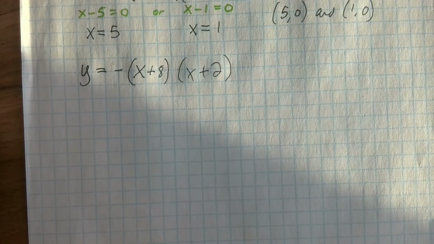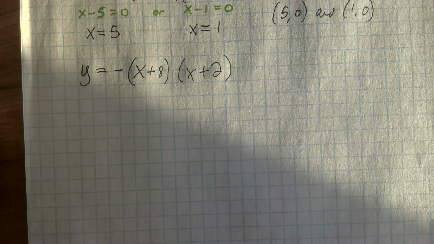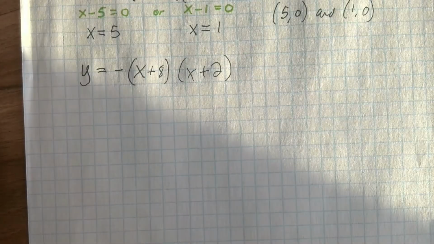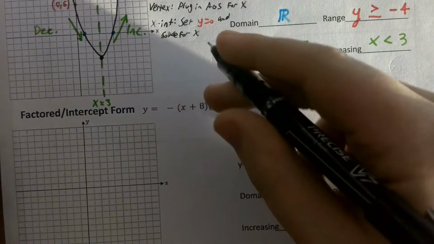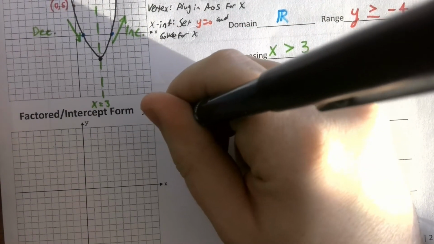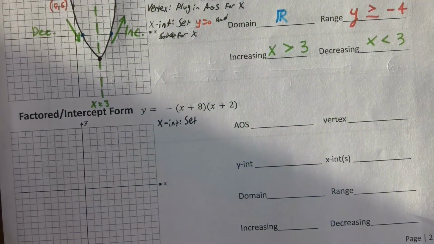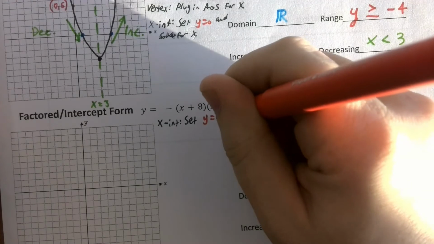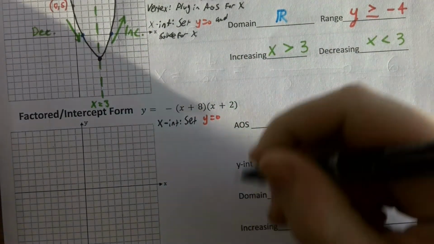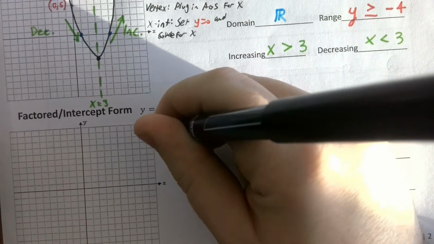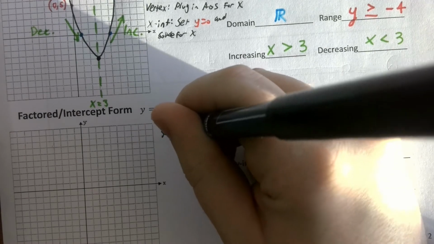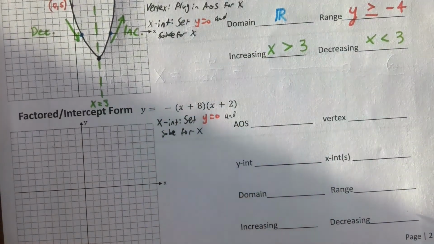So, once again, what do we know about the x-intercepts? Since the x-intercepts are where y equals 0, we can say that to solve for the x-intercepts, we once again set y equal to 0 and solve for x.